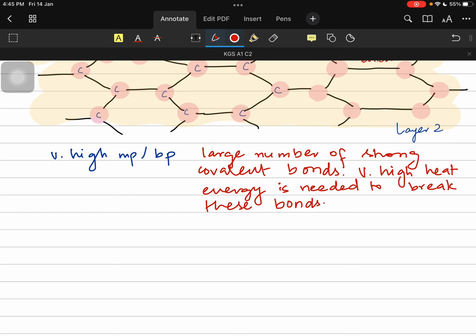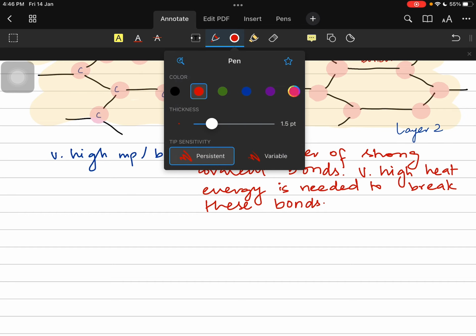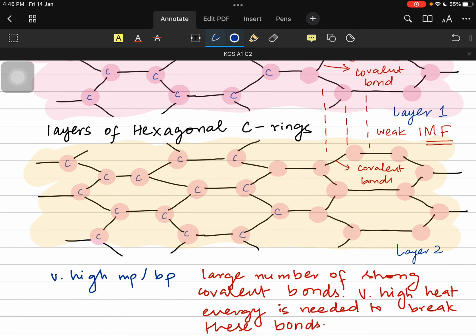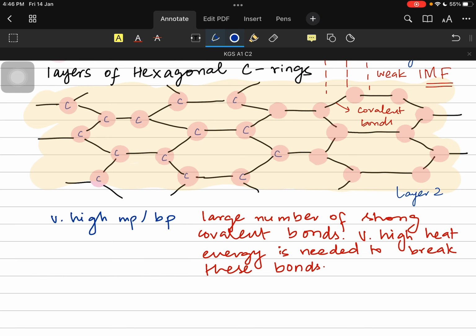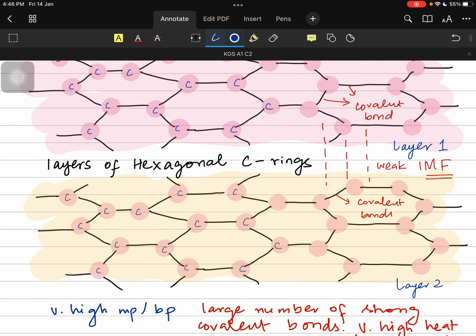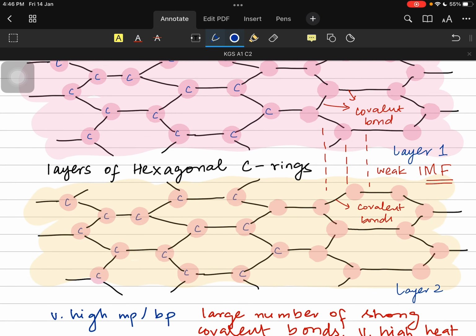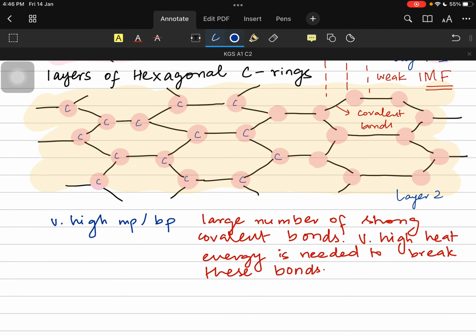When we talk about the layers, we know that there are multiple layers over here, and these layers can slide over each other. So actually, these layers have a capacity to slide over each other without breaking apart.